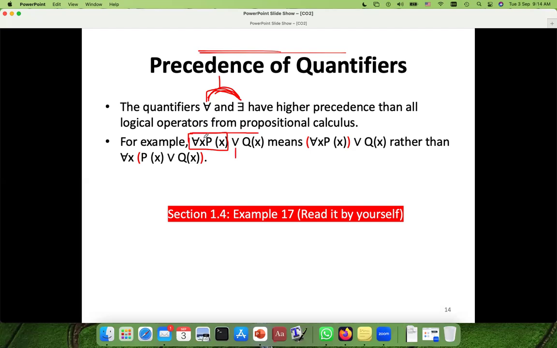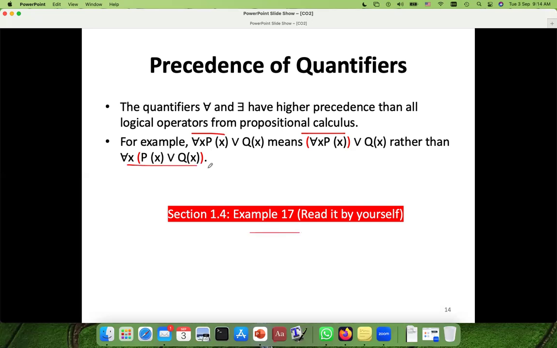If there are parentheses, then this quantifier is with both. If there are no parentheses, then this quantifier is only with this part, even though the variable is the same. So here I am saying that this means this and not this.